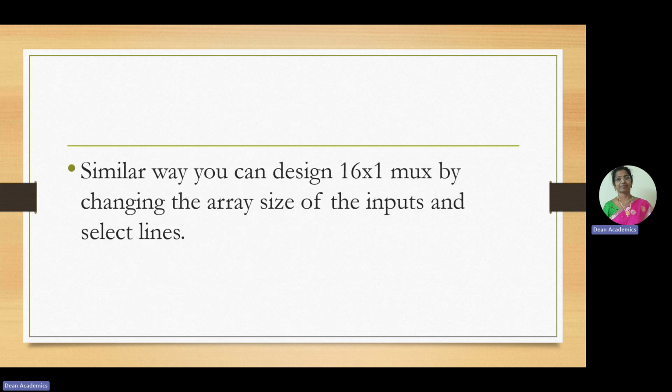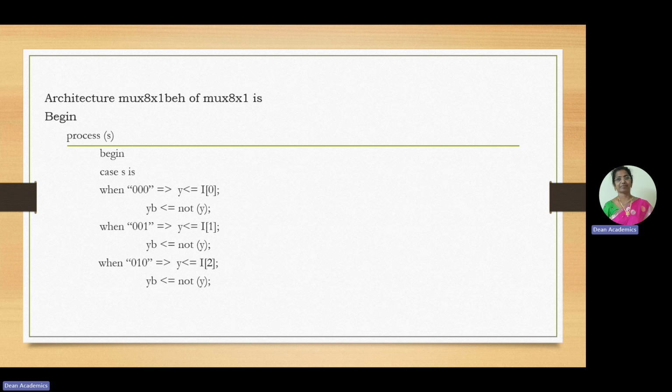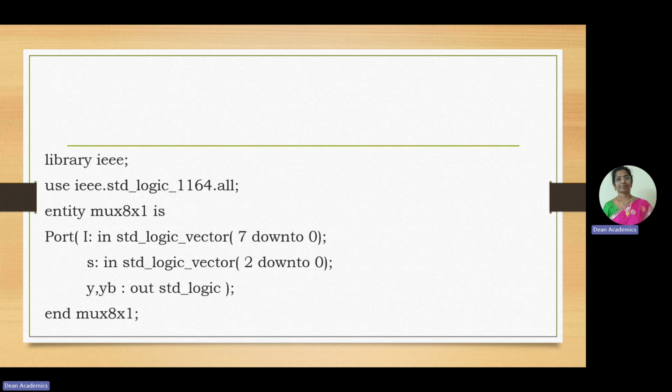Similarly, you can also write a VHDL program for a 16 by 1 multiplexer just by changing the size of the array of the inputs and select lines. If you change the vector size, that is sufficient.